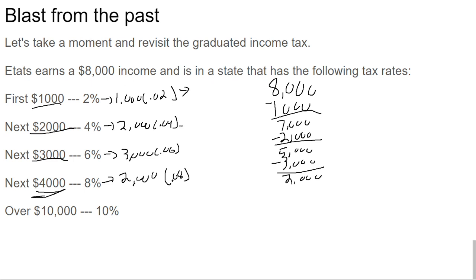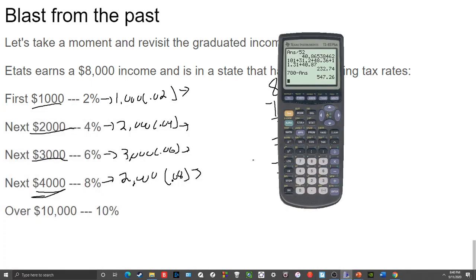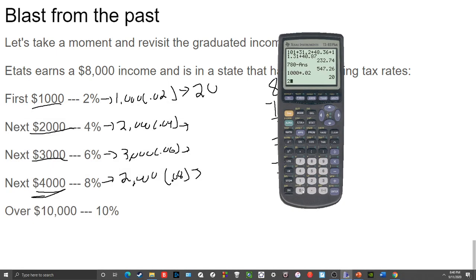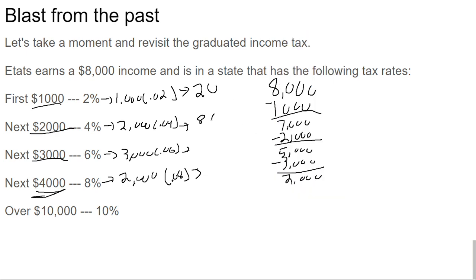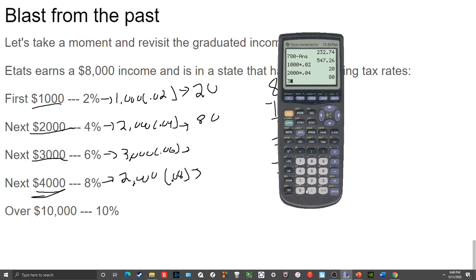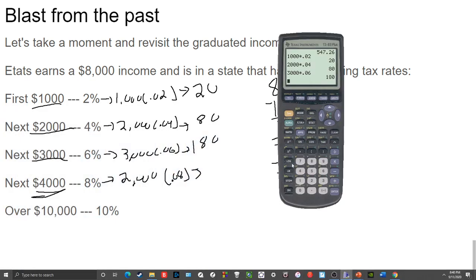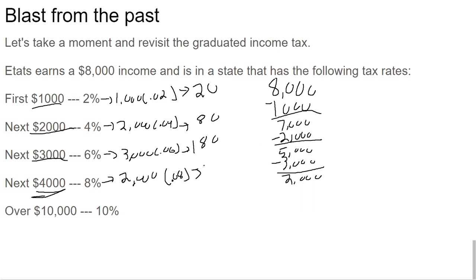So we're going to solve each of these problems and then add them up, right? So let's go ahead and do this multiplication here. So 1,000 times 0.02 is 20. We do the same thing for 2,000. So 2,000 times 0.04, get 80. 3,000 times 0.06, get 180. And then lastly, 2,000 times 0.08, we get 160.